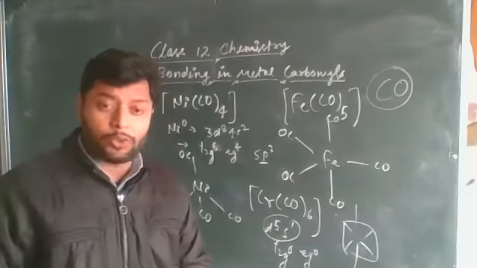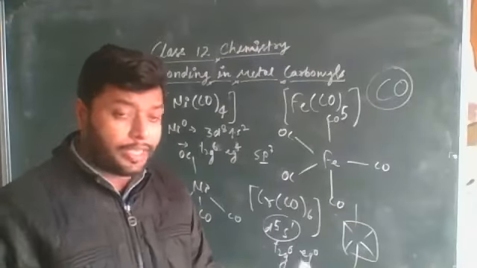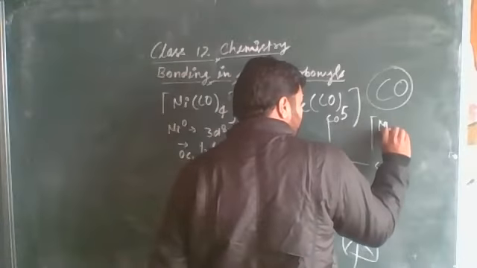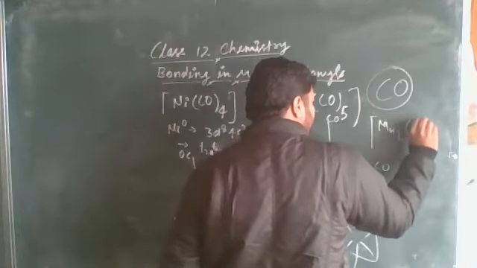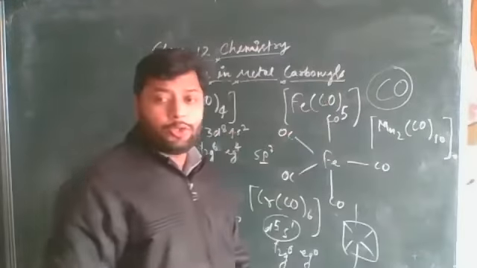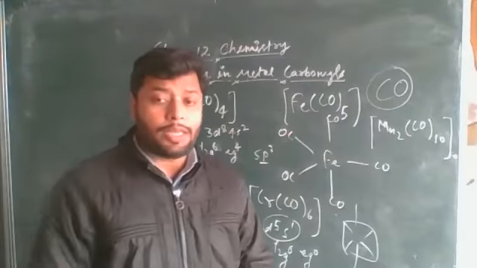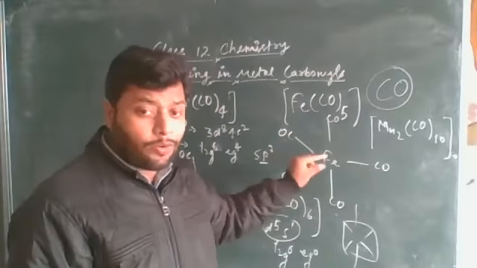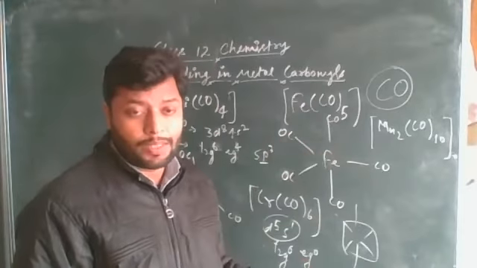There are some other examples also given, like Mn2(CO)10. It is actually a bicentered metal complex in a trigonal bipyramidal condition.